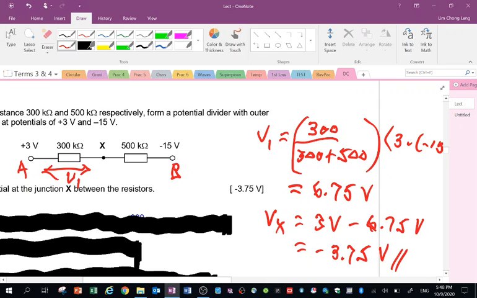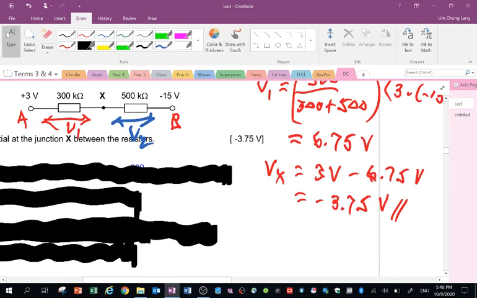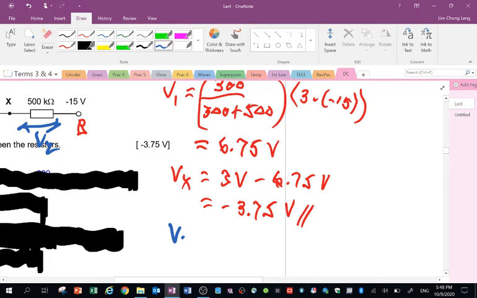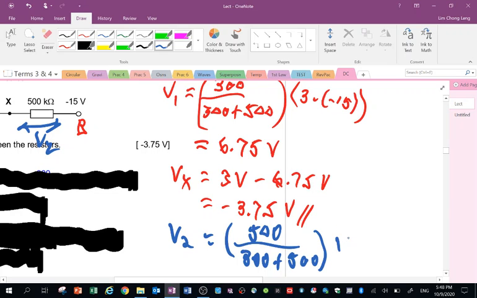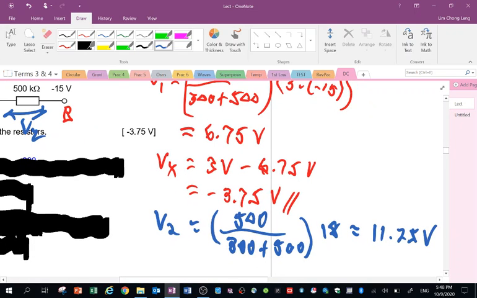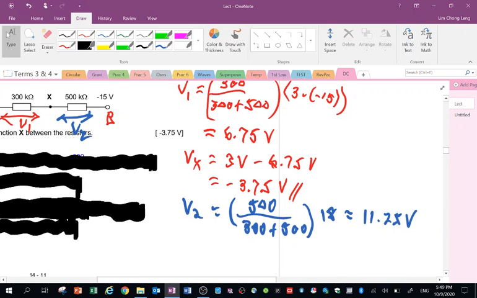Another way of doing it is to consider V2. I can find the PD V2 using the potential divider formula. This time I find the PD across the second resistor: 500 over 300 plus 500, times 18, since 3 minus 15 is 18. That gives me a value of 11.25 volt. So what is the potential at X?